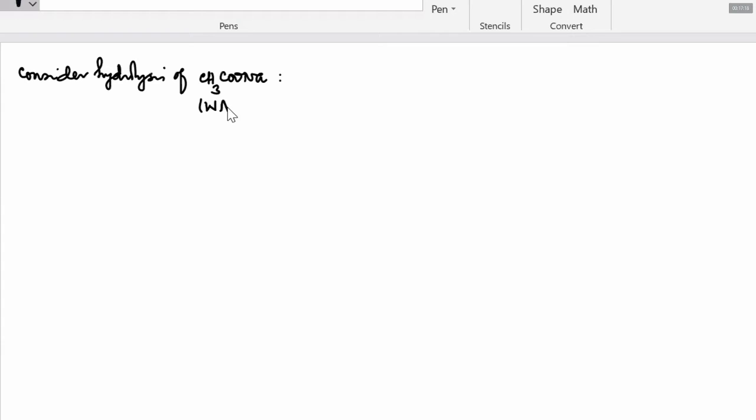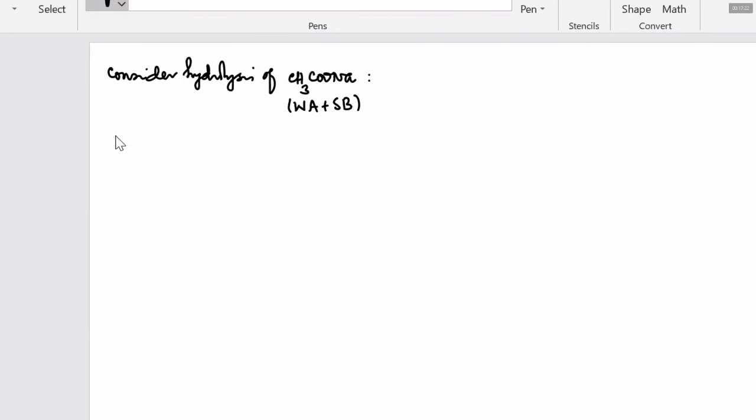What have you said? Weak acid and strong base. Come on. CH3COO minus, Na plus combines with water so as to give you CH3COOH. This is hydrolysis. It is a selective ion of the salt combining with ions of water.